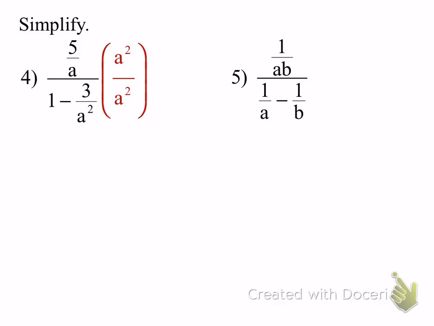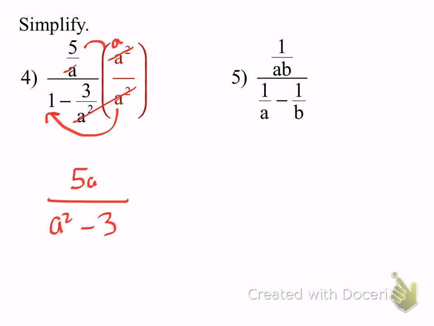In the numerator, I'm going to be left with what when you cross cancel? 5a. In the denominator, when I distribute here, what am I left with? A squared. And when I distribute here, I'm left with -3. Any factoring to do? Okay.